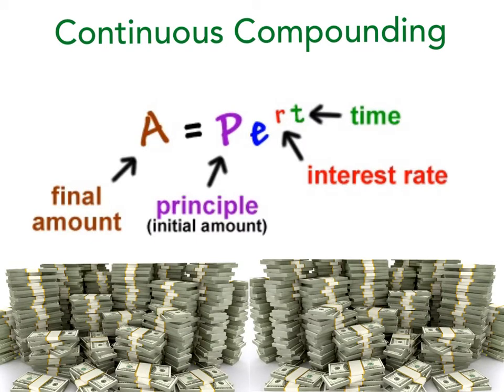Something else that's really important is something called continuous compounding. And that is essentially when you earn interest on top of interest. So it's this continuous earning of interest over time. So the way that we represent that is this equation here, where A is going to be our amount of money after a certain amount of time, usually in years. P is the original principal. I spelled that wrong.